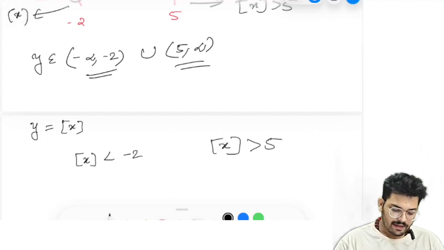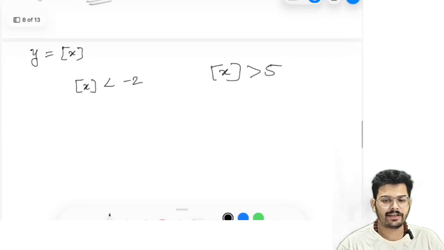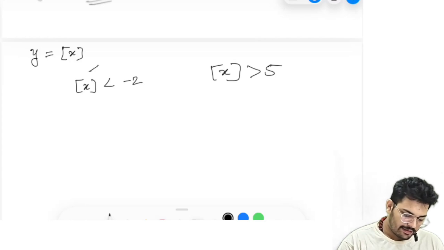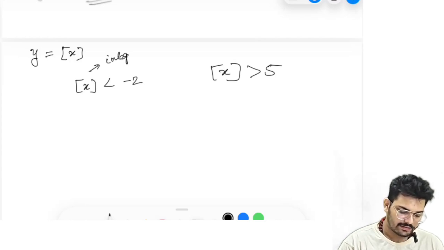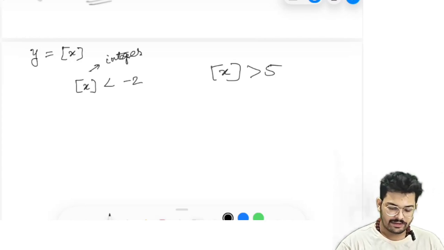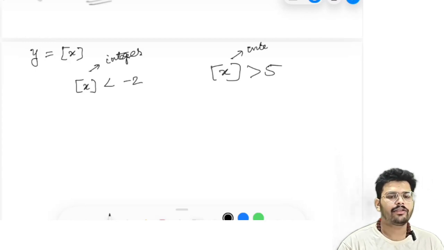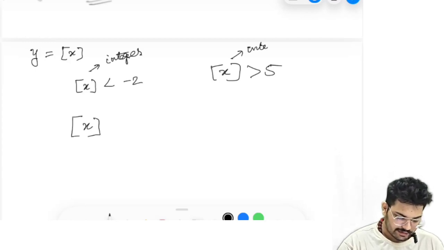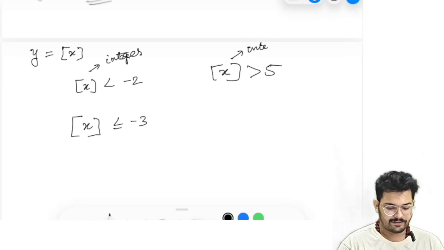Now box x means it is actually an integral value, right? So this will always give an integer only. Which means in this condition you can modify it: box x is less than or equal to minus 3.